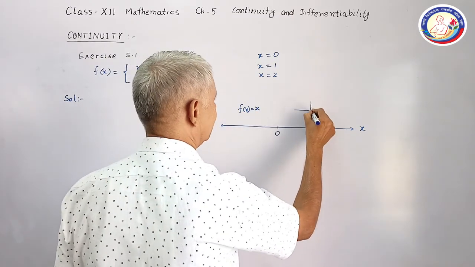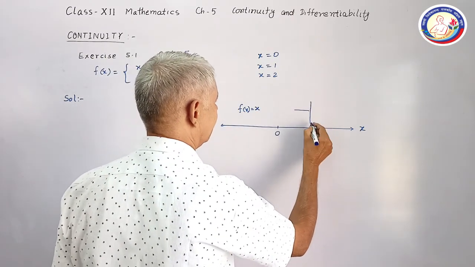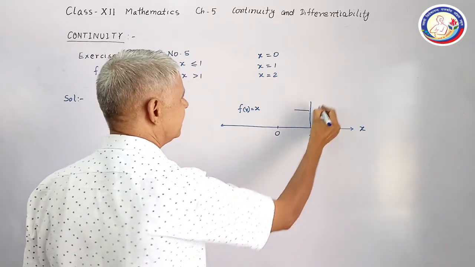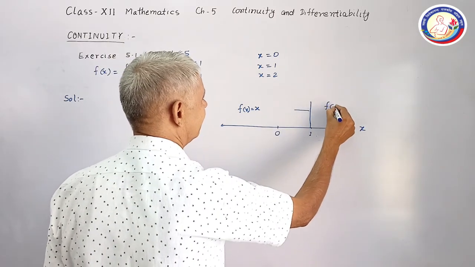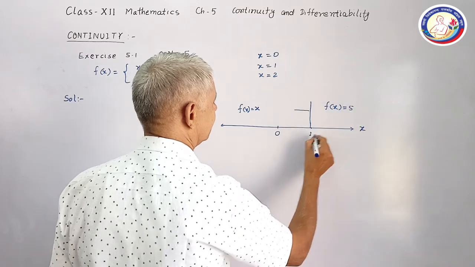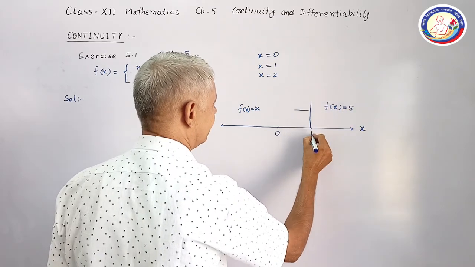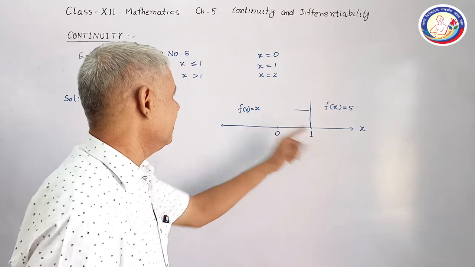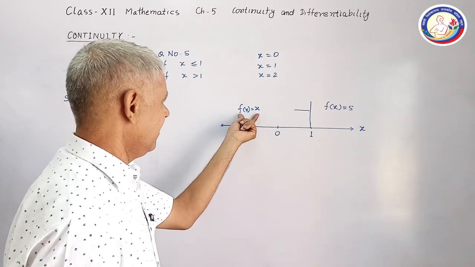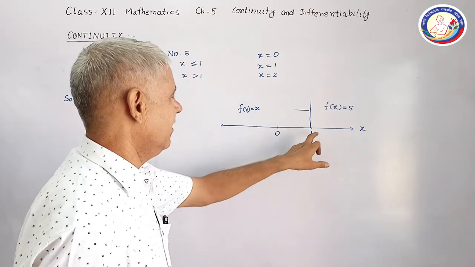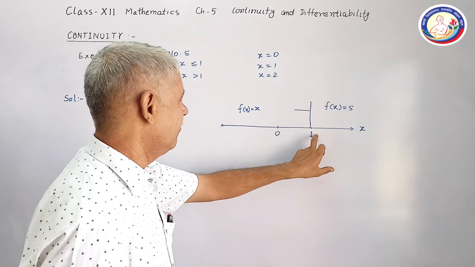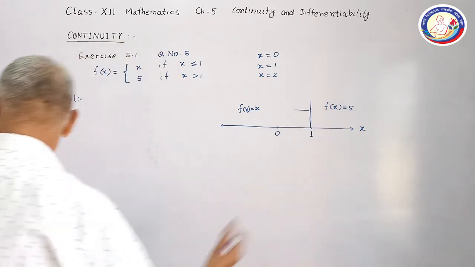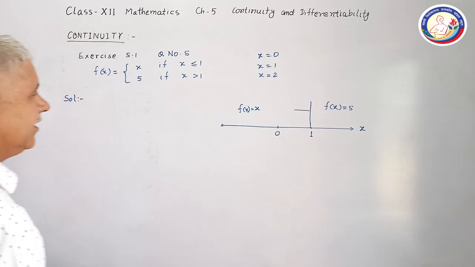And this is the barrier, or the point where it changes. If x is greater than 1, then f(x) equals 5. So 1 is the point of transition here. For values less than or equal to 1, the function is given by x, and for values greater than 1, it is equal to 5. We can also draw the graph here.